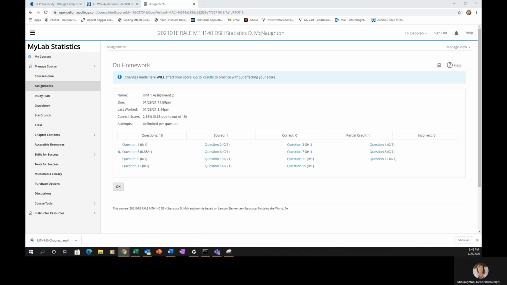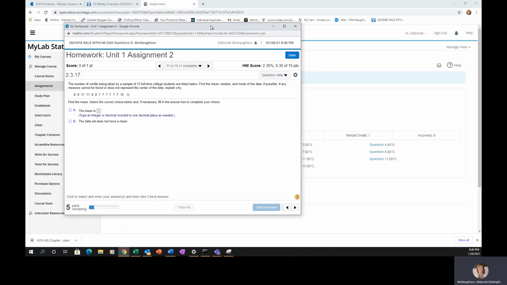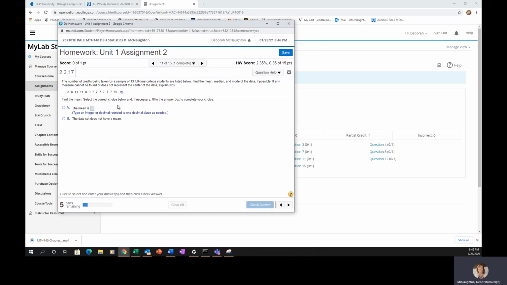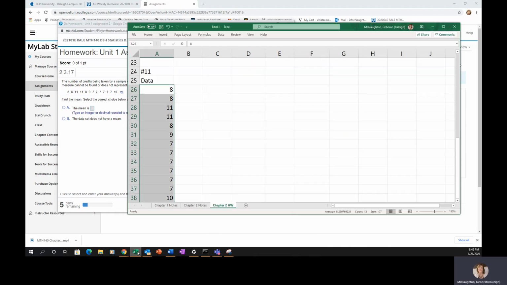There we go. All right, so it wants us to calculate the mean. So let me start with that. So to calculate the mean, remember that equals the sum of the x's divided by n.